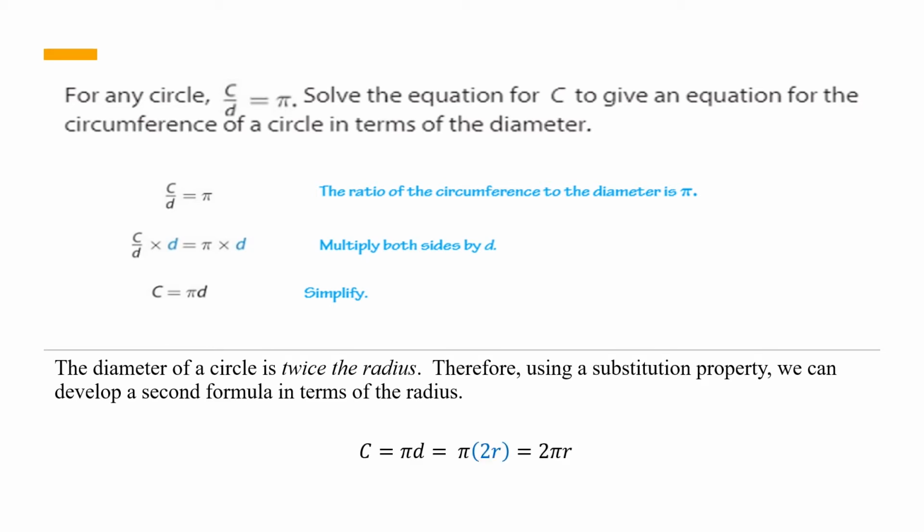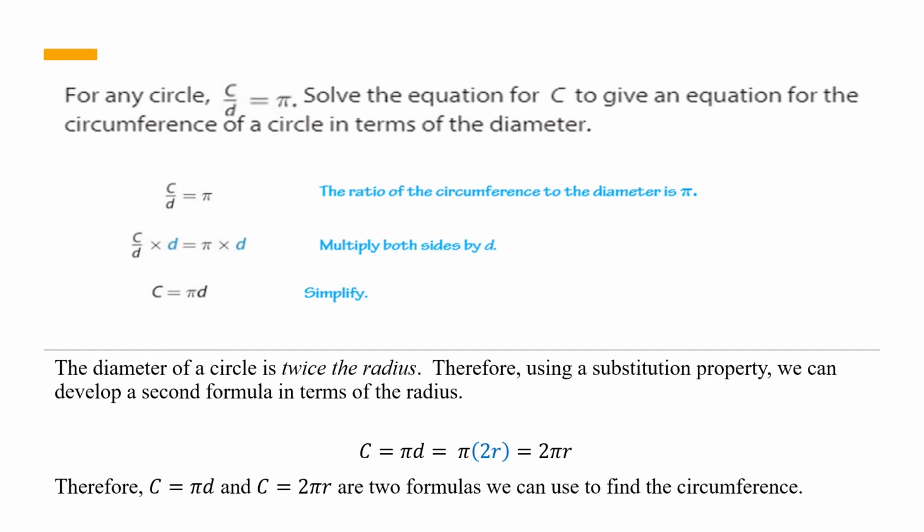Here's how we do it. If circumference equals pi times diameter, and diameter is twice the radius, or 2r, then we can substitute d with 2r, giving us a new formula of circumference equals 2 times pi times the radius.